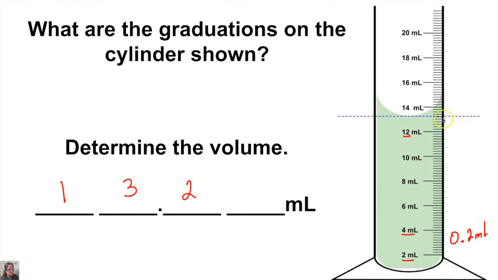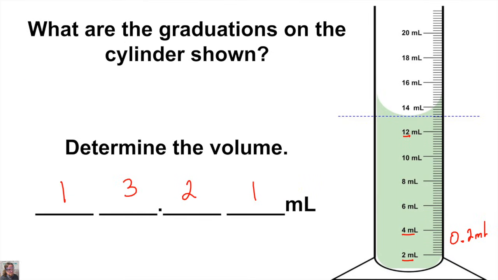And if we take a closer look, this blue dashed line is just a little bit above the 0.2 line. So we'll end up with 13.21 milliliters. Now if you said this was 13.20, the teacher will probably find that to be acceptable. If you're within 0.01 milliliters when you're taking a reading from a graduated cylinder, you're not doing too bad.